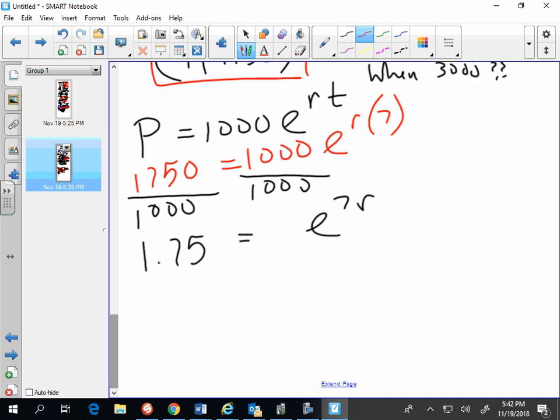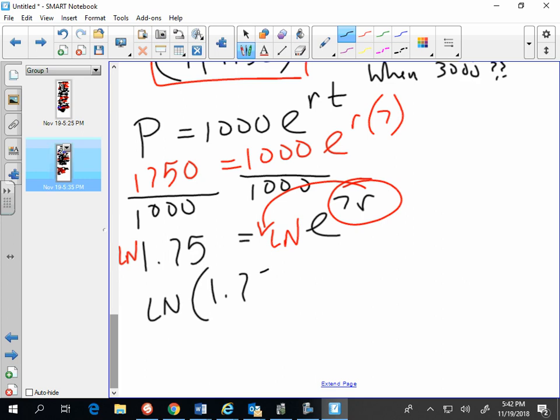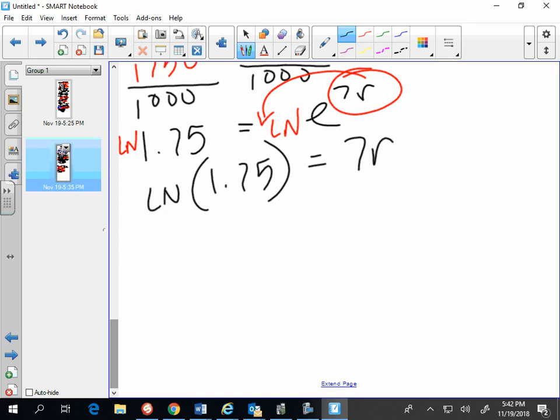At this point, I have to take the ln of both sides because I've isolated that exponential, and now I can bring down that power. So I'm going to have the ln of 1.75 equals 7r. And therefore, my r is going to be the ln of 1.75 divided by 7.